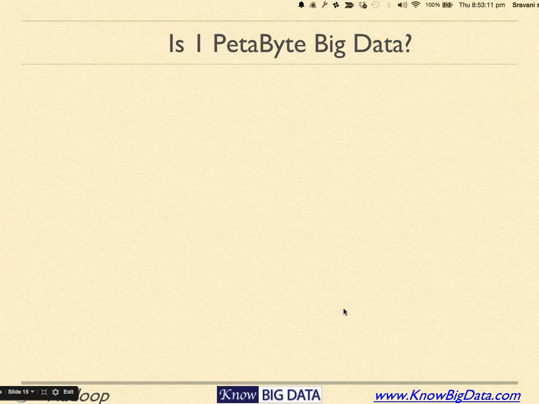So the kind of problem I'm telling, you have 1 petabyte of data. Do you think it is big data? Meaning, can't your existing tool solve 1 petabyte of processing or 1 petabyte of storage? Anyone?